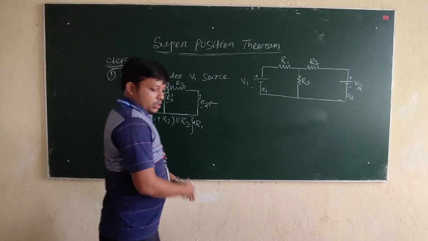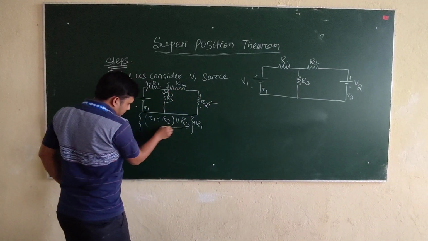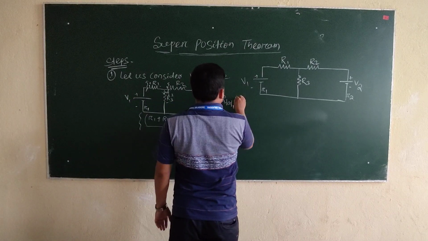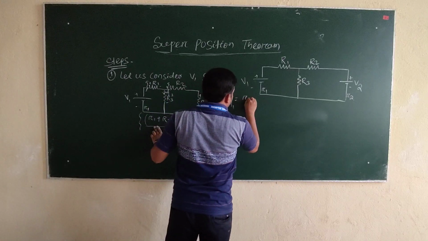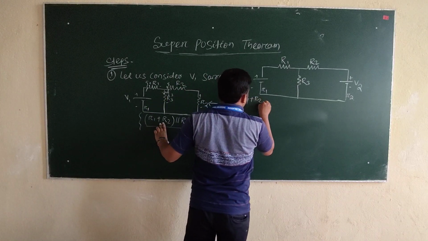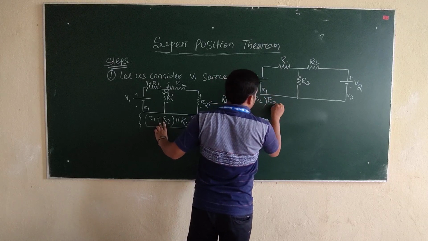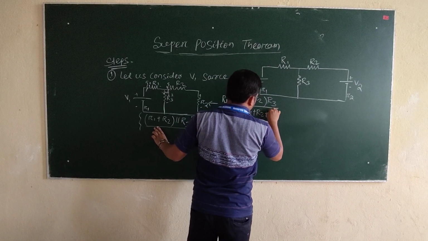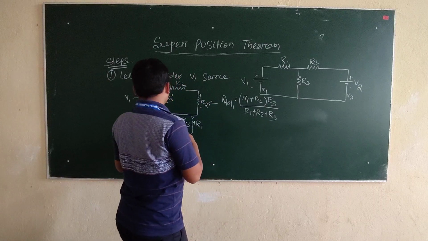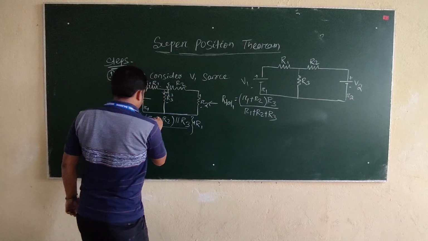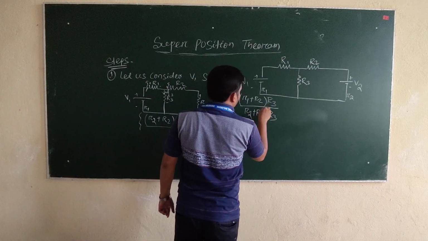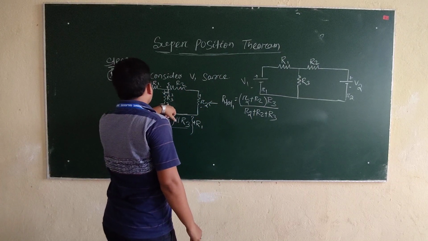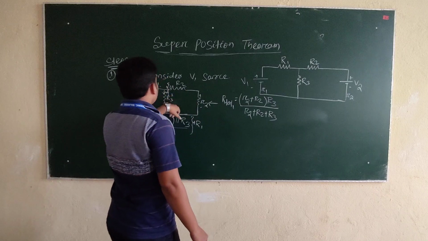Now we have to calculate this value. R total 1 is equal to R2 plus R2 into R3 divided by R2 plus R2 plus R3.